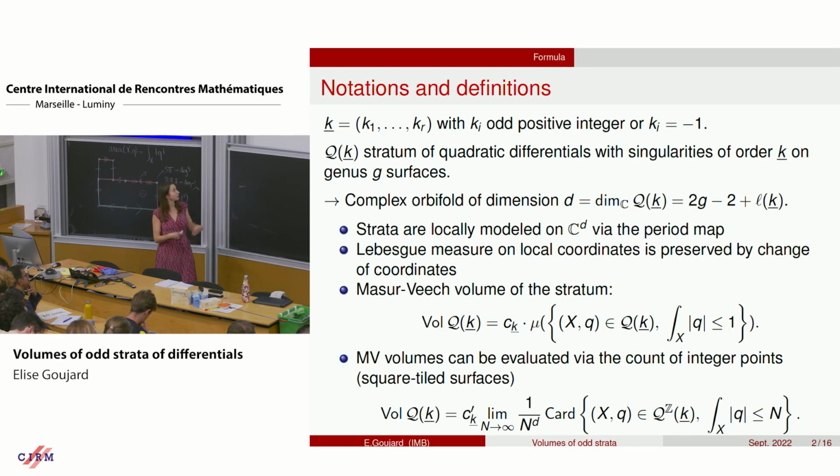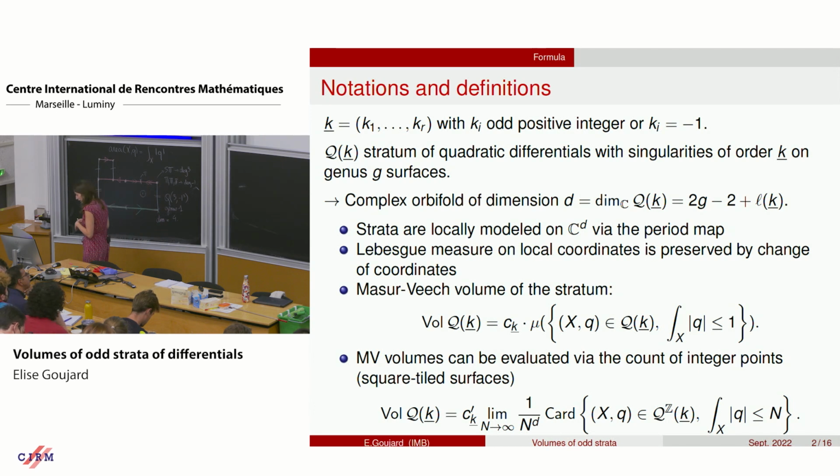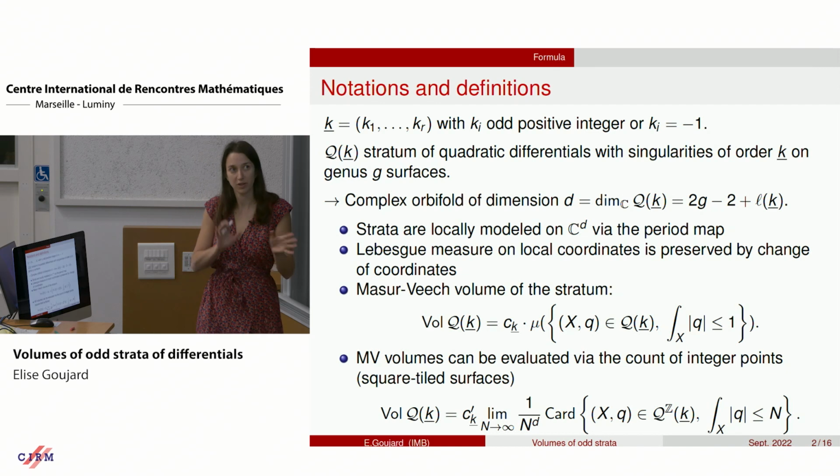Okay. So if you are not an algebraic geometer, what you can do to evaluate these volumes is just to count integer points in the moduli space. And here, let me just say that integer points correspond to square-tiled surfaces. So I don't want to care about normalization issues. There are some.